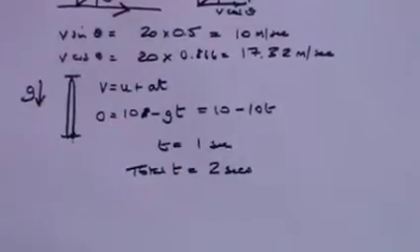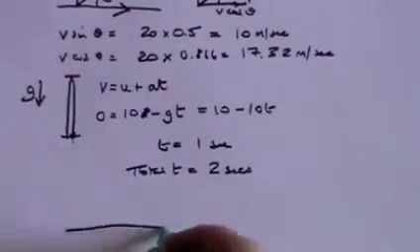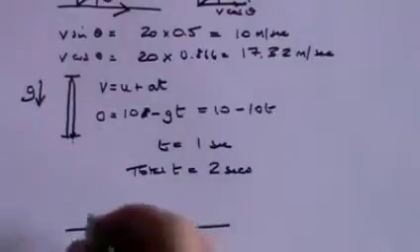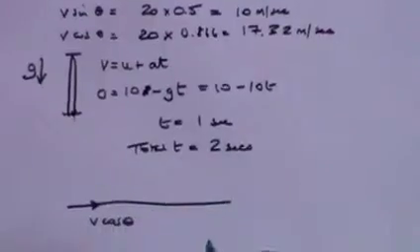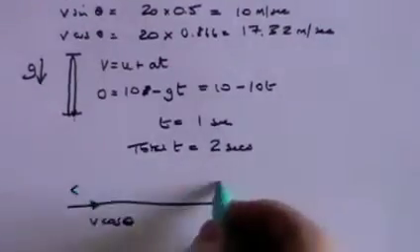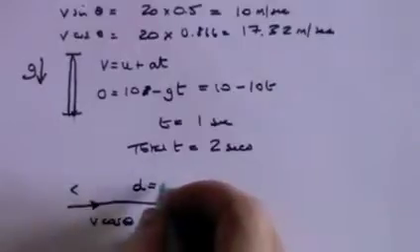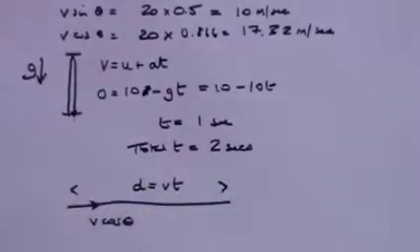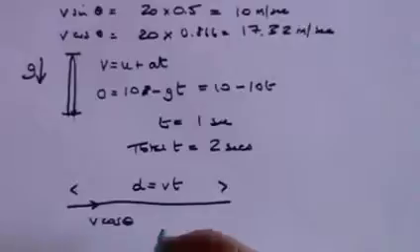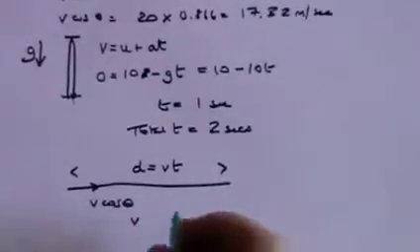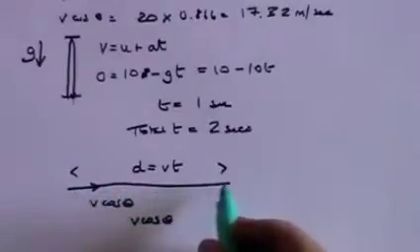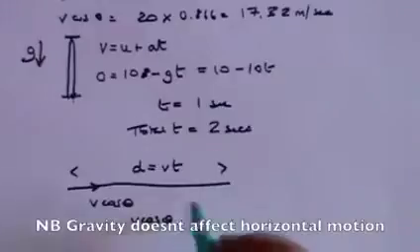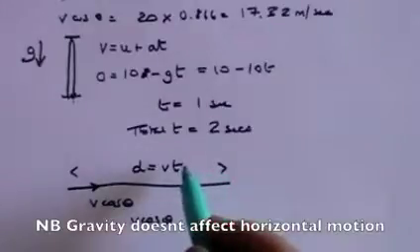Now, in those 2 seconds, the ball is travelling with a horizontal component, which is equal to v cosine theta. And the distance that it will travel, distance is always velocity times time, so the distance is going to be velocity, which is v cosine theta, because that's the horizontal component of the velocity, times t, which is 2 seconds.